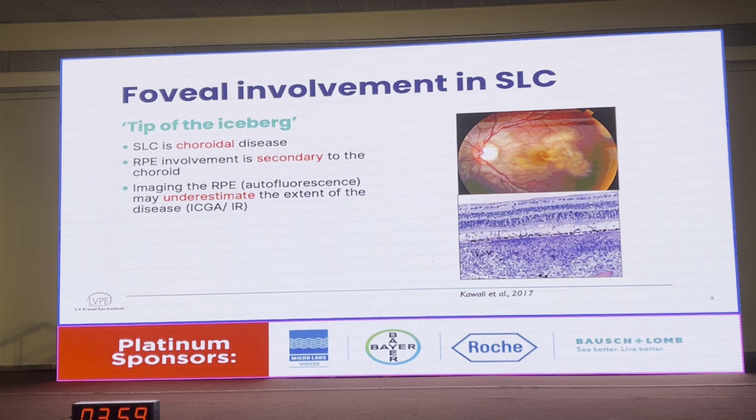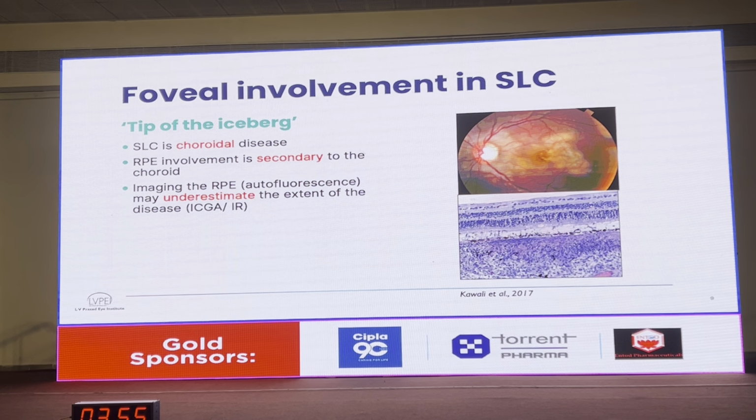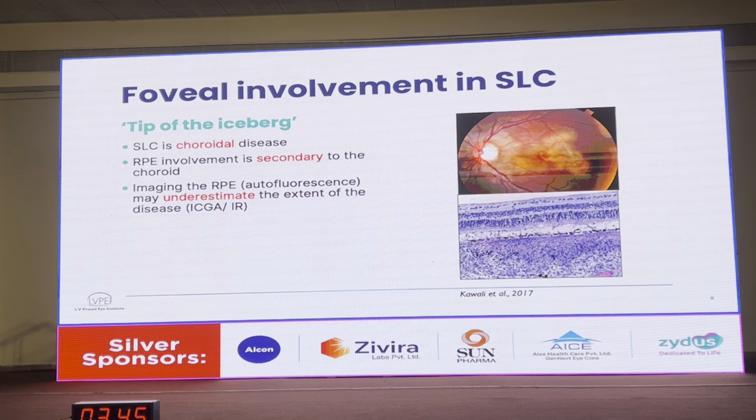And this is very well shown in this picture, the only available evidence of histopathological status in serpiginous-like choroiditis, where we see that the inflammation is primarily involving the full thickness of the choroid, besides the RPE.